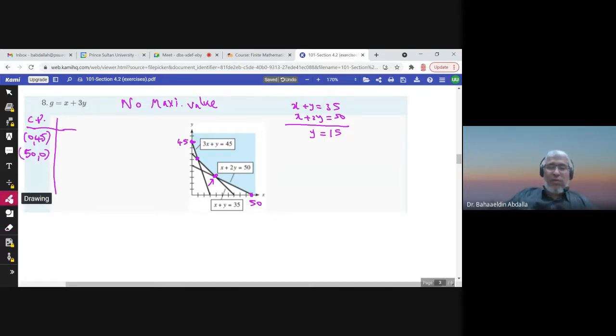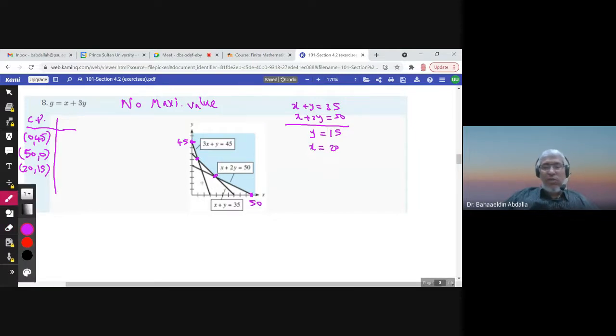I subtracted the first equation from the second equation. Now, if I put 15 in the first equation, x would be 35 minus 15, and that's 20.